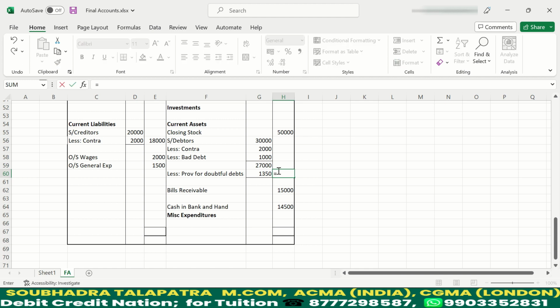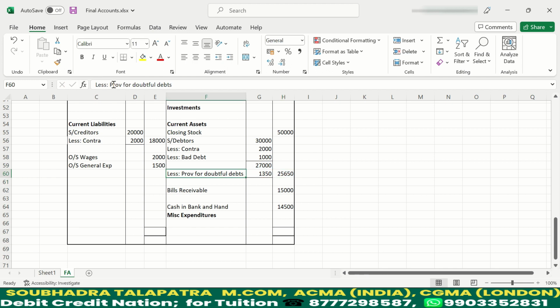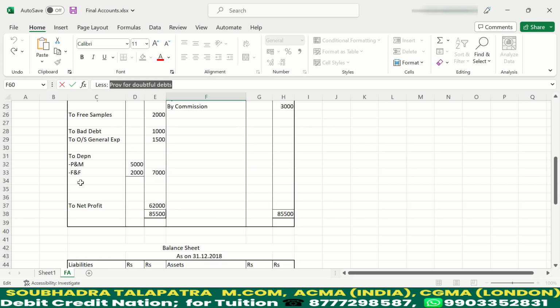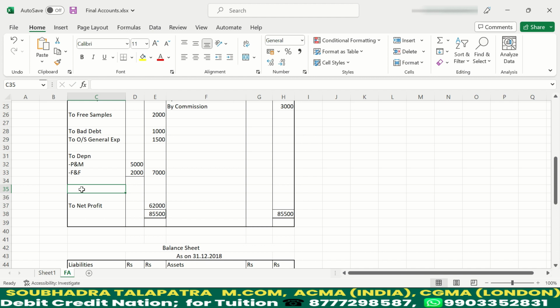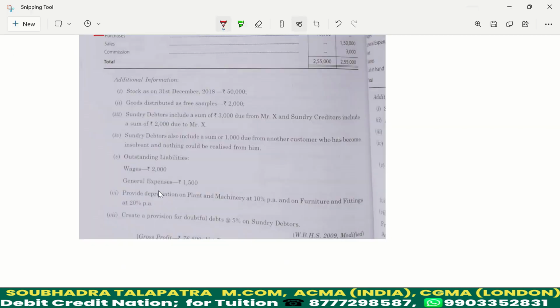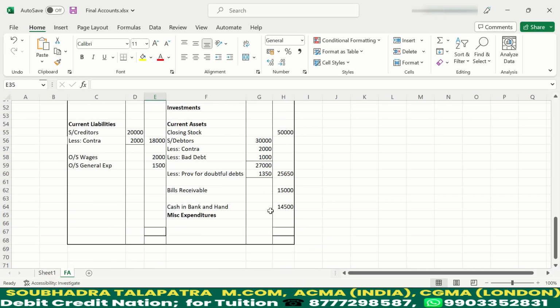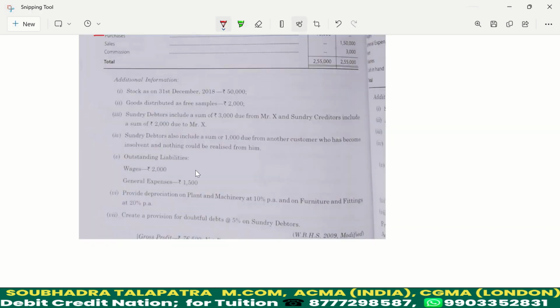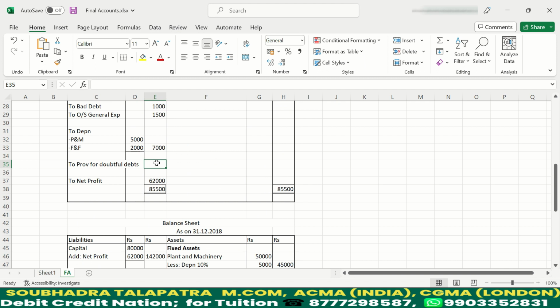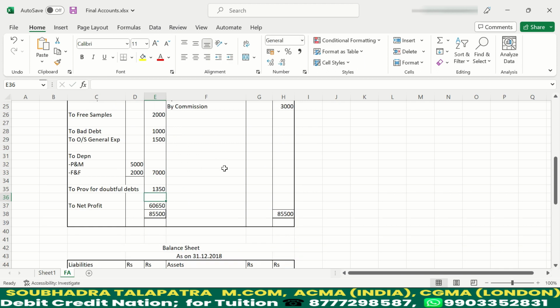So my final closing balance of debtors is 27,000 minus 1350, which is 25,650. Now this provision for doubtful debt is an expense, so I'll put it on the indirect expense side, to provision for doubtful debt, and the amount is 1350. So that was my last entry.